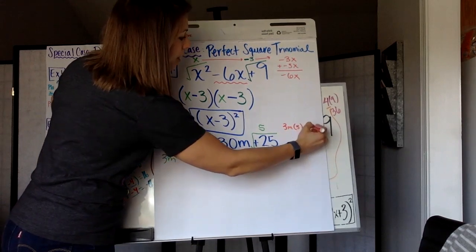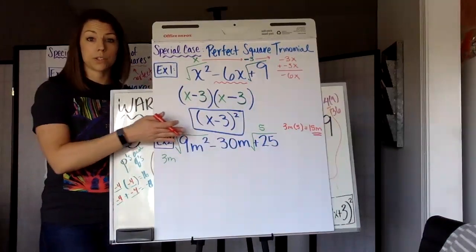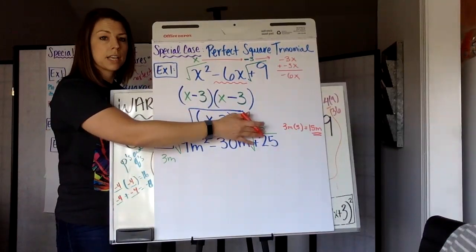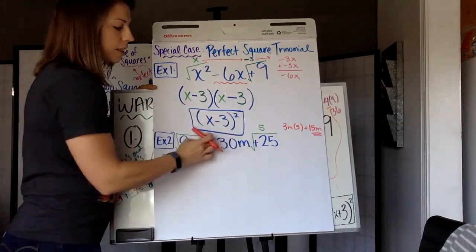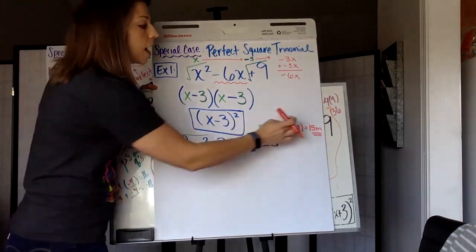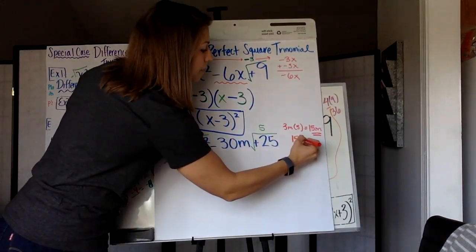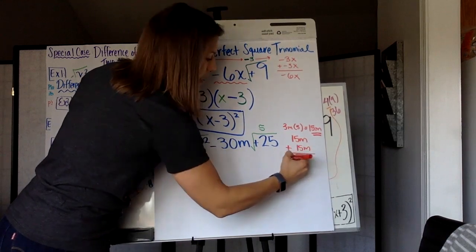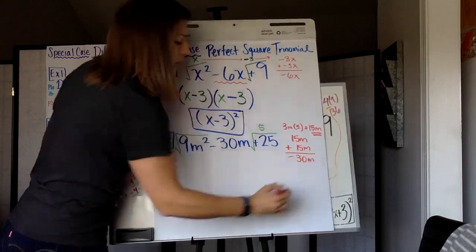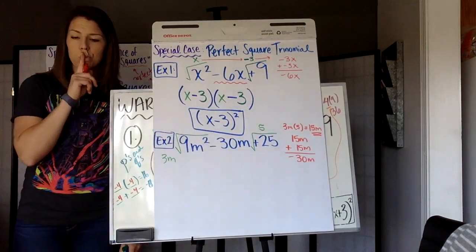It's 15m, right? Okay, so we found the square root of the first, the square root of the last, and we multiplied them together. Is the middle term the sum of 15m and 15m? In other words, does 15m plus 15m give us -30m? Ooh, so close. It gives us positive 30m.